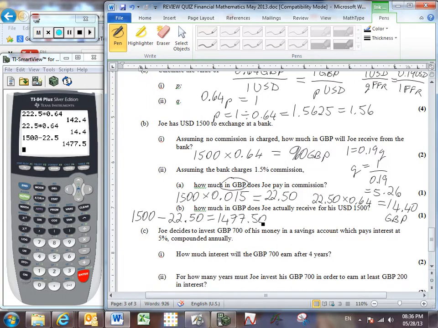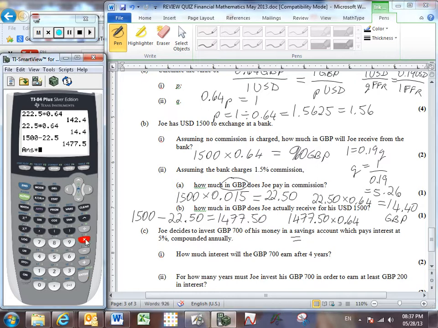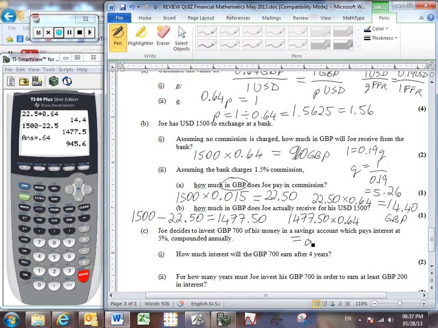We've learned by now that to convert from dollars into British pounds, we need to multiply by 0.64, and we get an answer then of 945.60 British pounds is the amount that he'll actually receive.